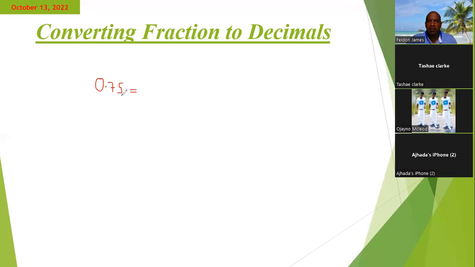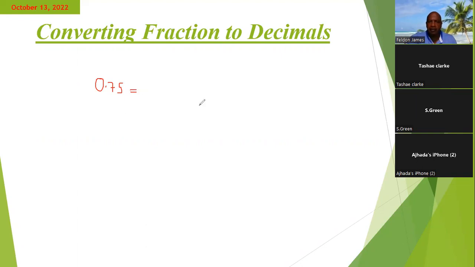Now, the number of digits that come after the point allows you to determine how many zeros are in the power of 10. So if you have 2 digits after the point, how many zeros would you have in the power of 10? Anybody? 1. 2. 2. So if you have one digit after the point, it would be over 10.